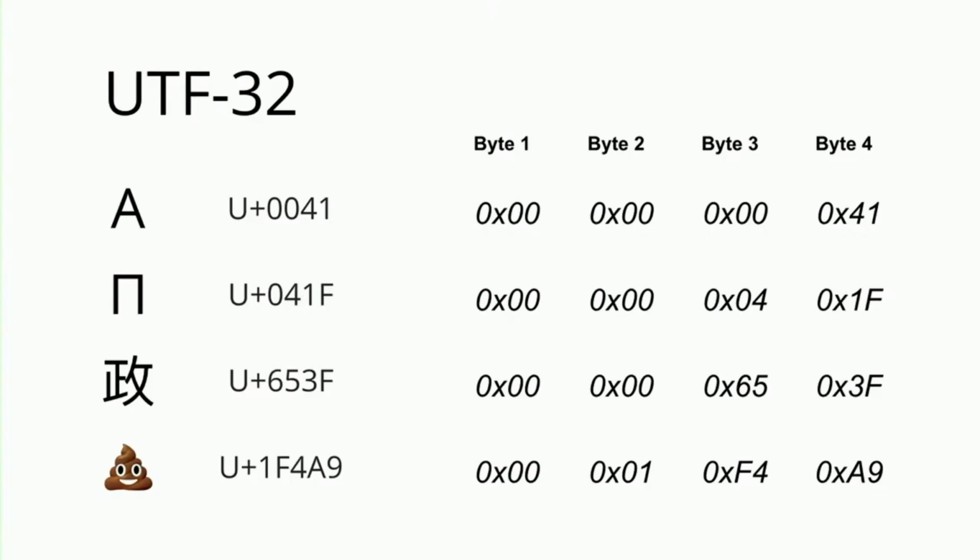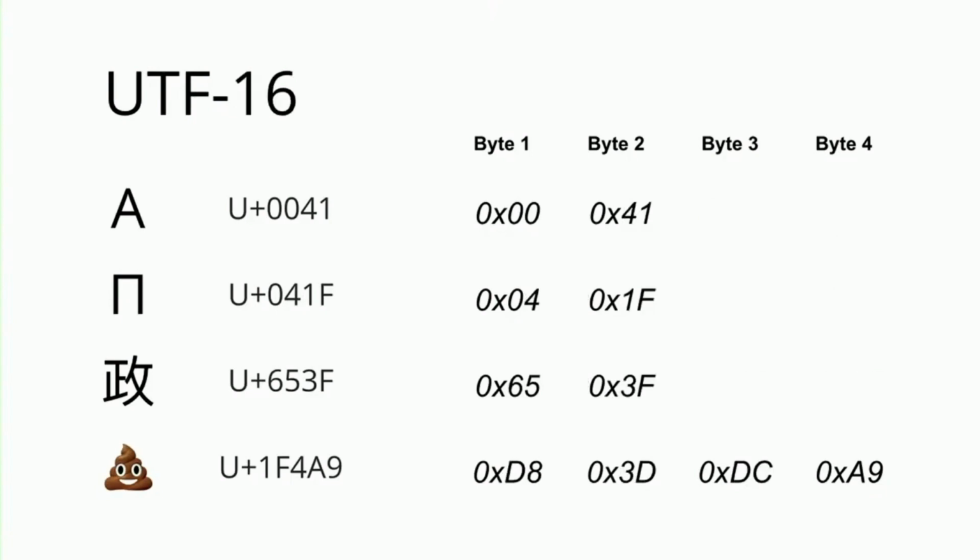Pretty simple to understand. UTF-16 gets a bit more complex because the first 65,000 characters conveniently fit into 16 bits or 2 bytes. So they're all how you'd expect, 65-3F, 65-3F. But larger characters that don't fit in the first 65,000 get encoded slightly differently, and they end up at 4 bytes. Again, we'll look into that a little bit more later.